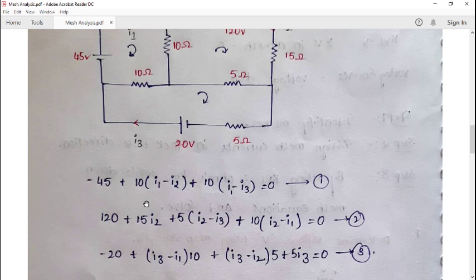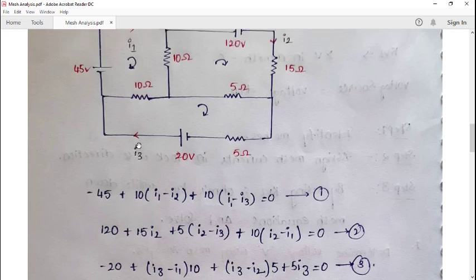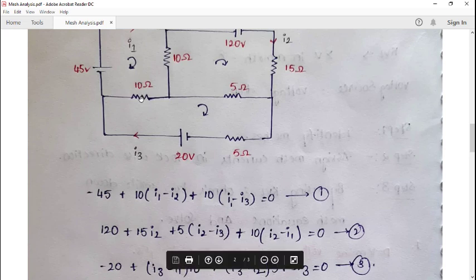writing KVL equation is very simple. Mesh equation is a combination of KVL and Ohm's law. So let us move to this resistor, 10 ohm into, what is the resultant current? Current I1 is flowing like this and I3 flowing in opposite direction. What is the resultant current?